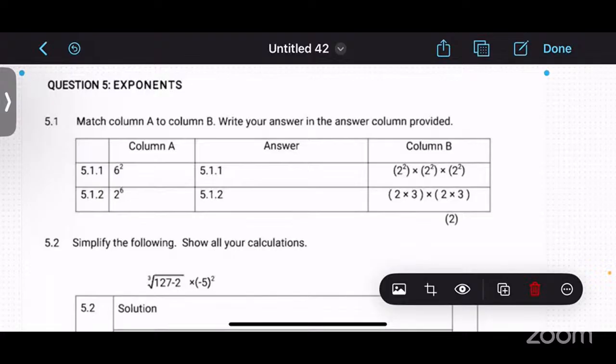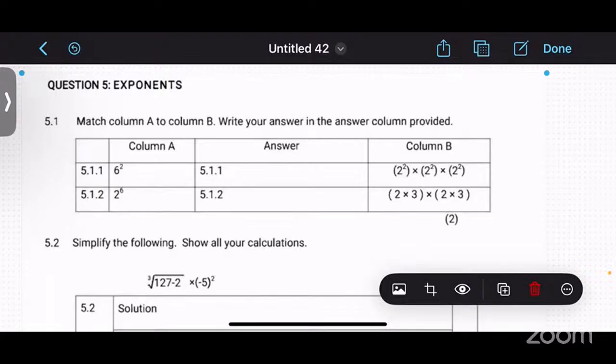And then we have two answers. There is 2 to the power of 2 times 2 to the power of 2 times 2 to the power of 2, right? And we also have 2 in brackets 2 multiplied by 3 multiplied by 2 multiplied by 3. And then again we have 2 to the power of 6.